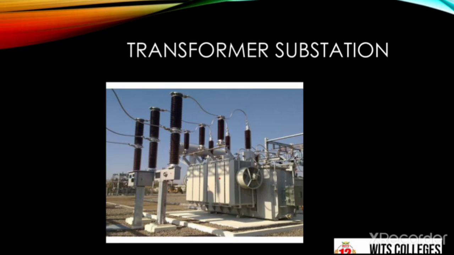Coming to the step up transformer substations, which are usually built at electric power plants, they transform the voltage produced by the generators into the high voltage that is necessary for the transmission of electric power over power lines.